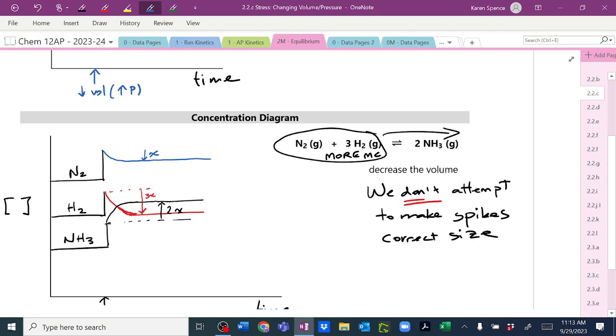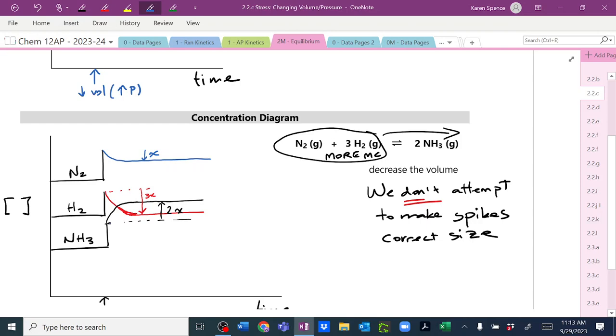And that's why I feel like you will not get a concentration diagram related to pressure on the AP exam, because it is so messy and so inaccurate. No, that's when you change a concentration.